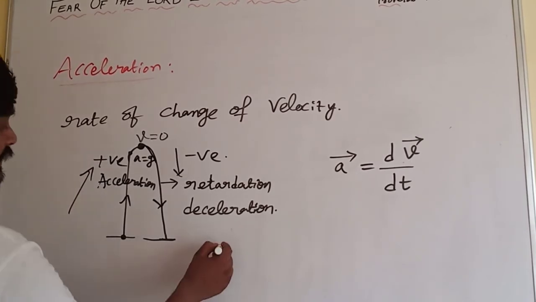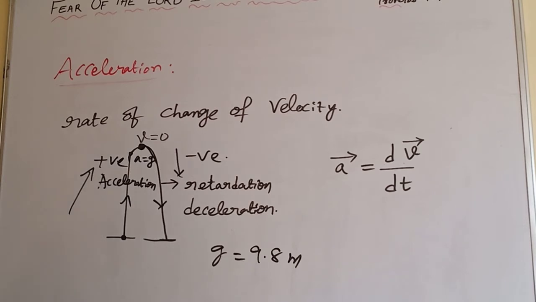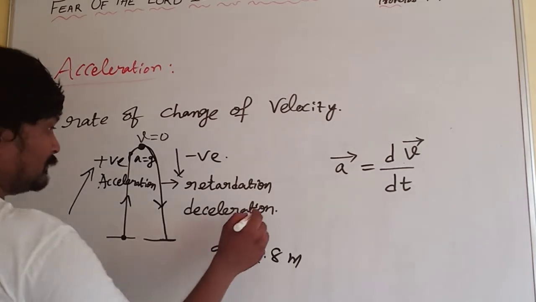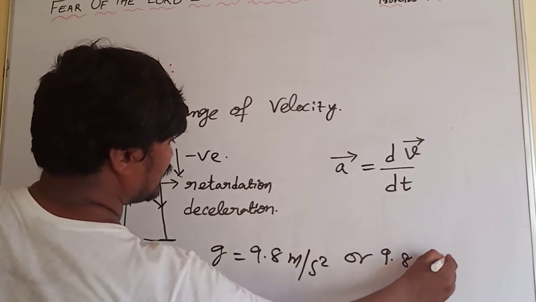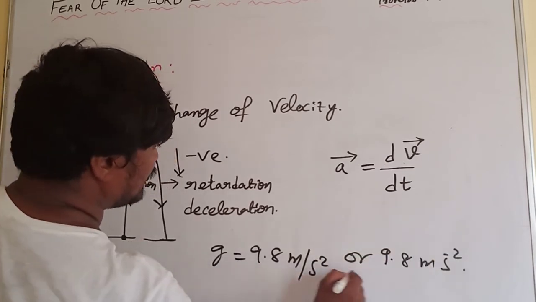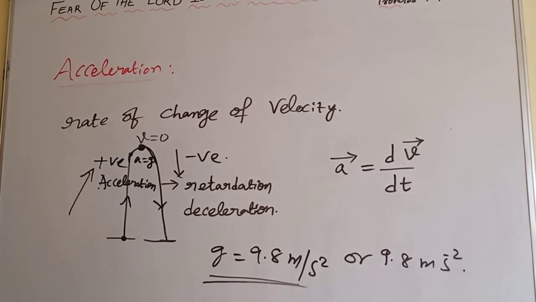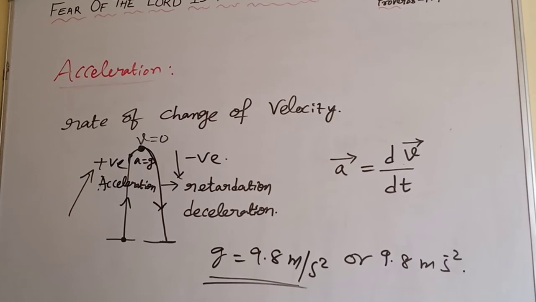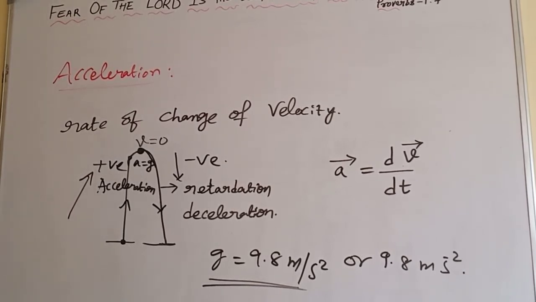G is nothing but 9.8 meter per second square, or we can write 9.8 meter second inverse 2. This is very important to solve our problems. G is the gravitational constant, 9.8 meter per second square. Now, what equations are required to solve all these acceleration problems? The equations of motion of uniform acceleration.